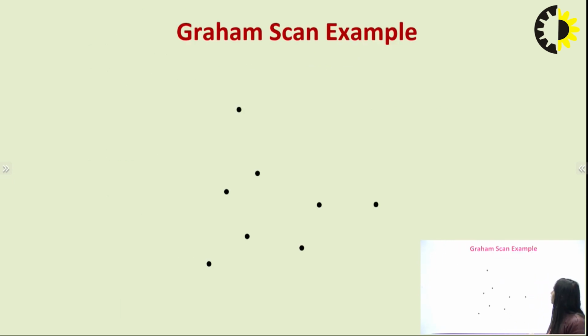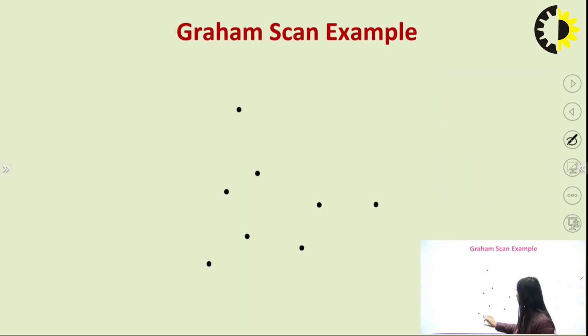See, this is the example of Graham-Scan. In this plane we have these points, and we have to make a polygon over here, which has to be a convex hull, right?